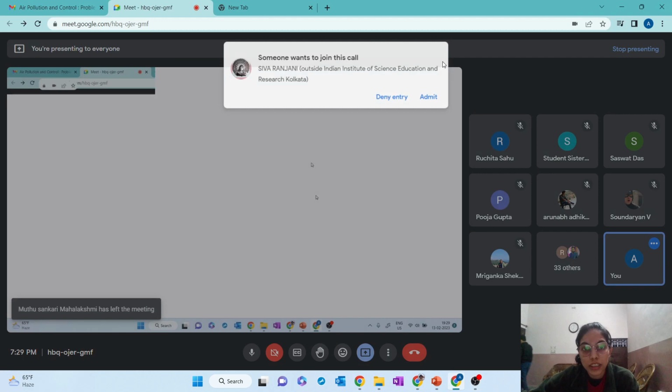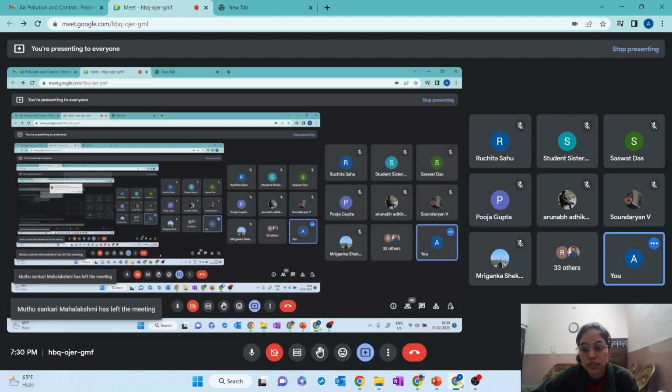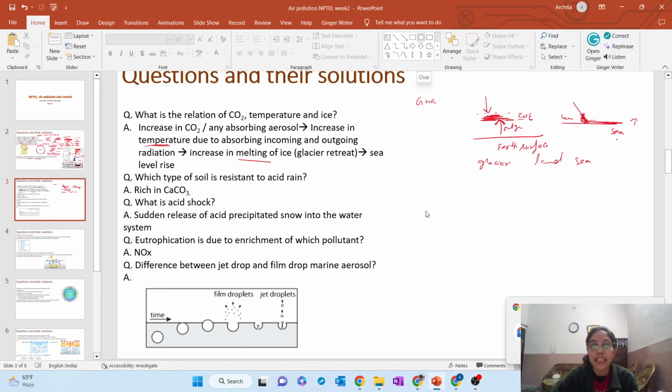So this increase in CO2 is again causing a positive feedback loop of increasing temperature, increase in glacier melt, and hence increase in sea level rise, which in turn affects the people, right?